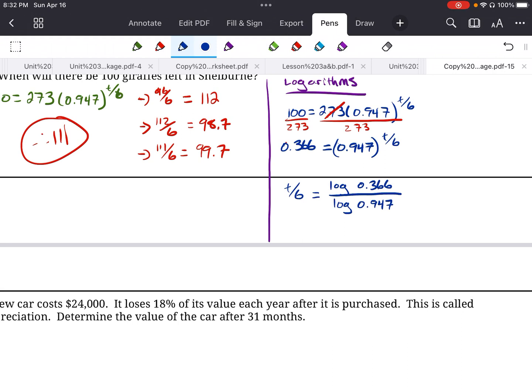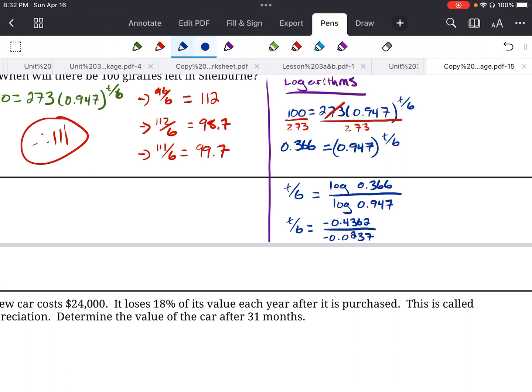If you're on a calculator, it probably just says log. Okay, so if you do the log of 0.366, we get negative 0.4362, and the log of 0.947, we get negative 0.0237.